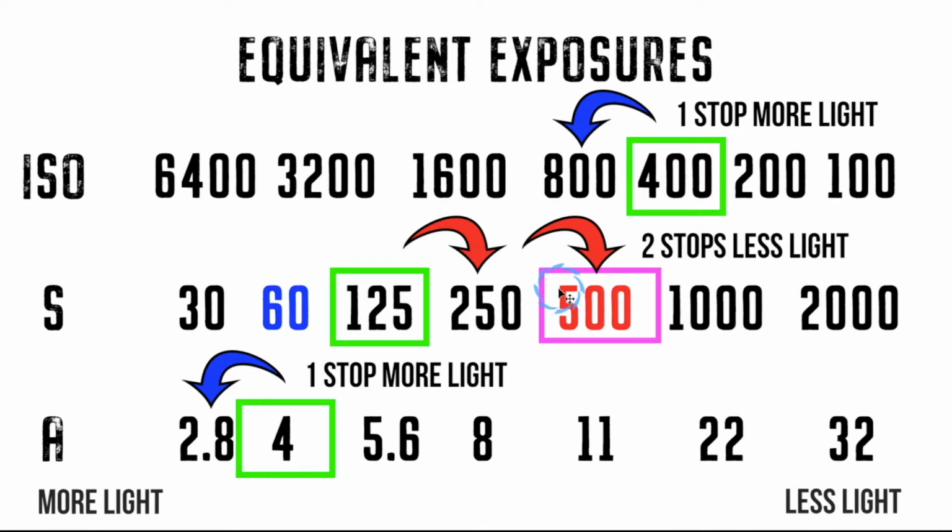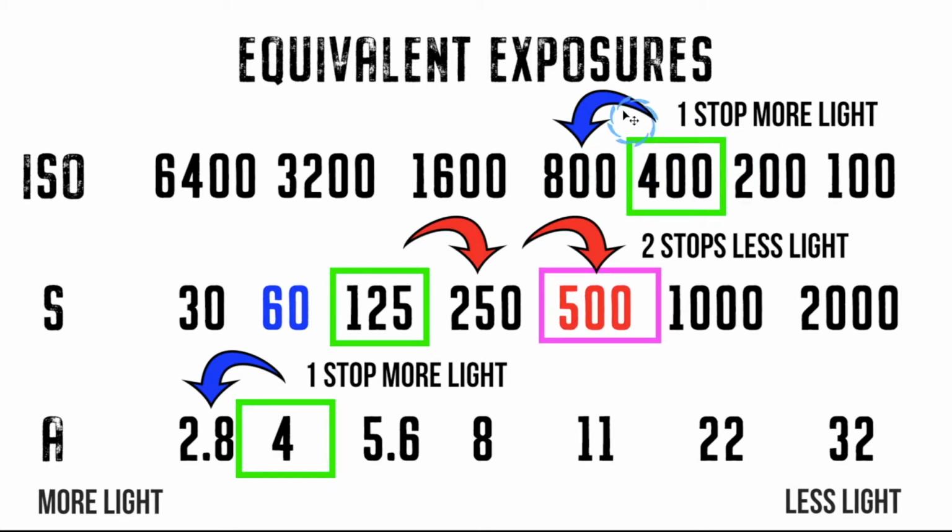So what I need to do is adjust something else, allow more light back into the camera to get an equivalent exposure. The first option here is to take ISO 400 and move it 1 stop up to 800, because as we go this way, we need less light to make an exposure. That's the confusing part. Remember, ISO can be kind of confusing. As you go like this, you need less light to make an exposure.